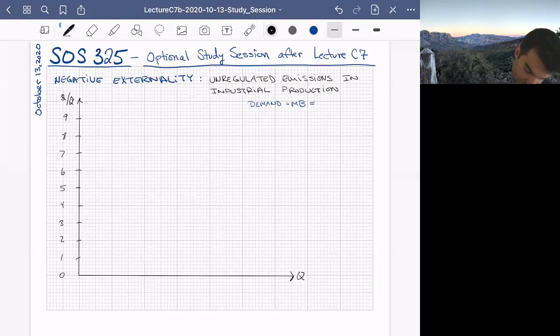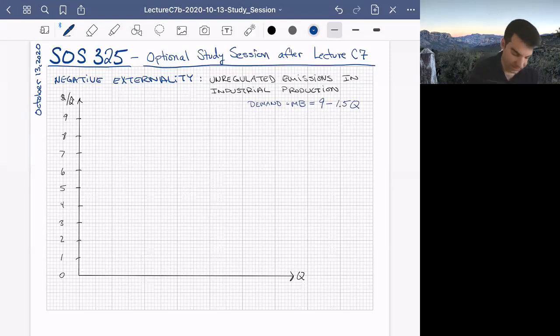And I'm going to say that my demand curve, let's say, is 9 minus 1.5 Q.